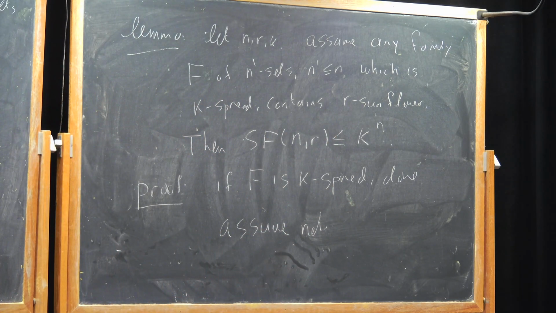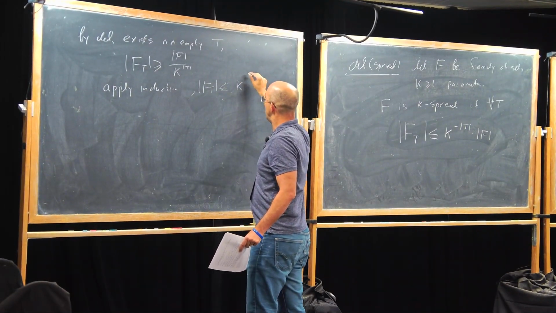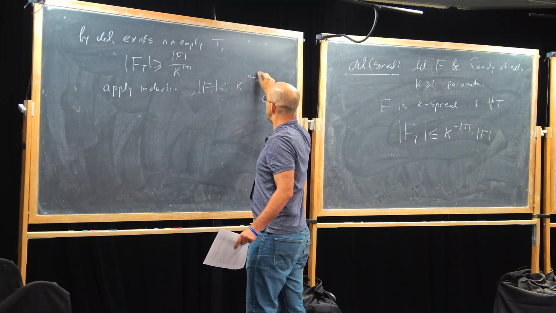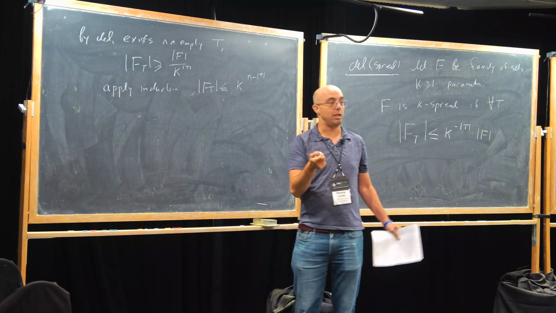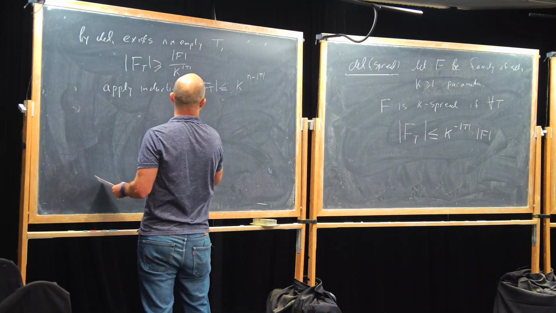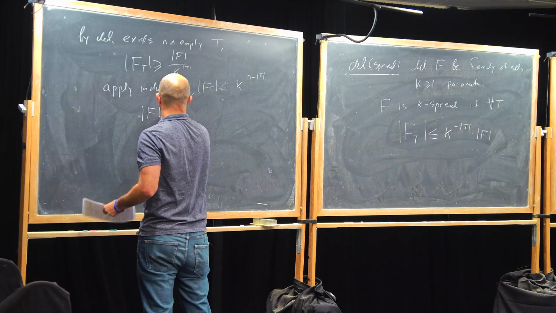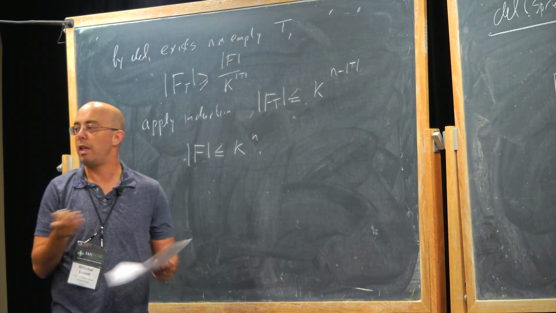Basically, applying induction, we get that the size of F_T is at most k to the n minus |T|, because F_T is a family of sets of size n minus |T|, since we remove the link there. And then because we assume F_T is large, this implies the size of F is at most k to the n. Anyway, there's nothing deep going on here.